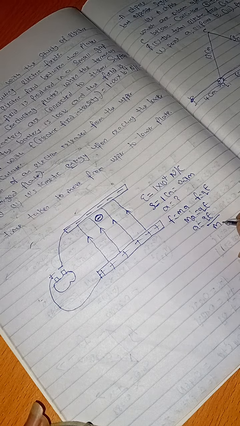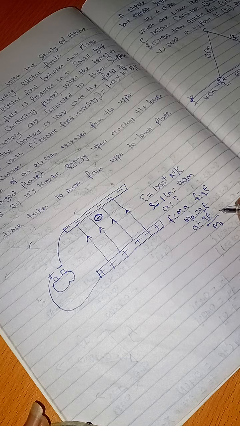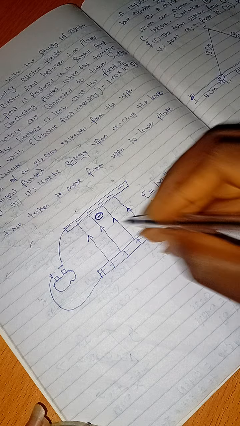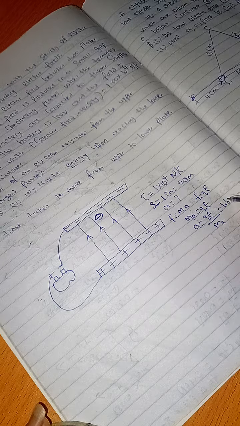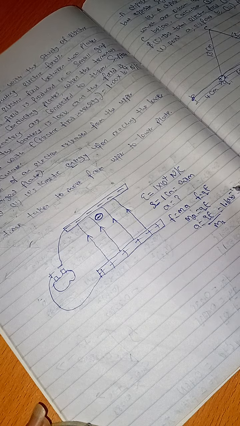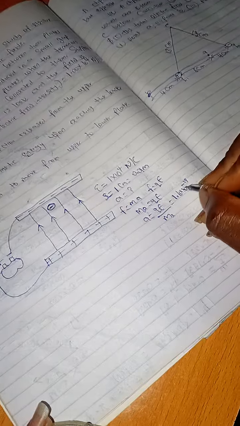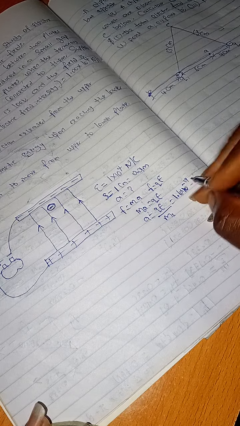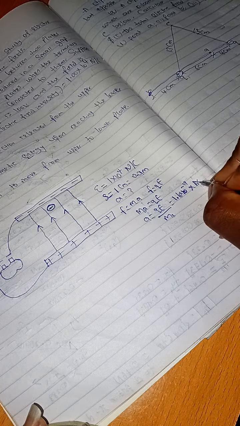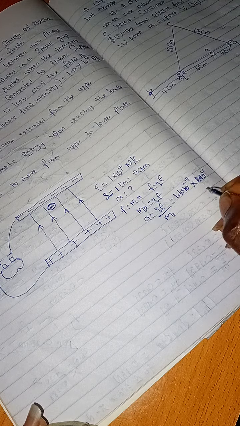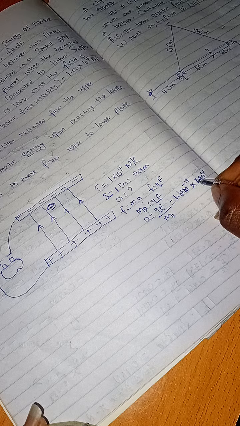But note, this m is the mass of the electron. So what's our Q? The charge of the electron that is coming. So we use the charge, 1.6 times 10 raised to power minus 19. What's our E? We have been given E in the question, 1 times 10 raised to power 4.